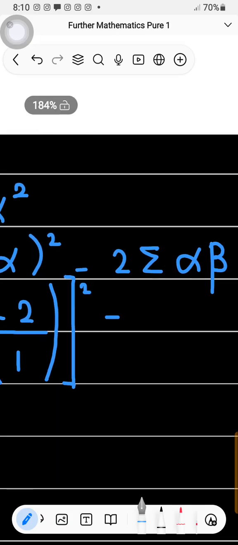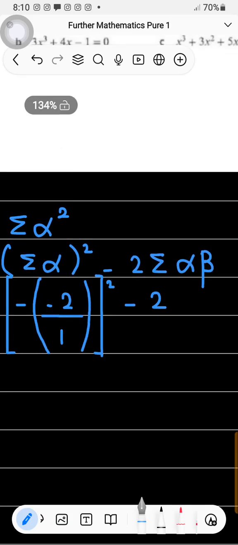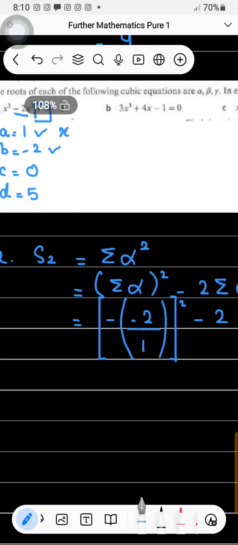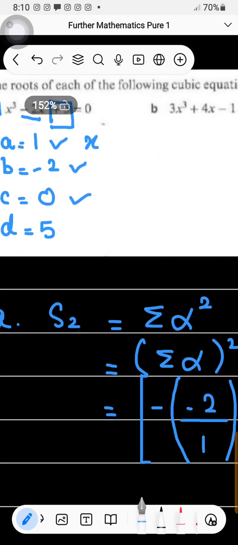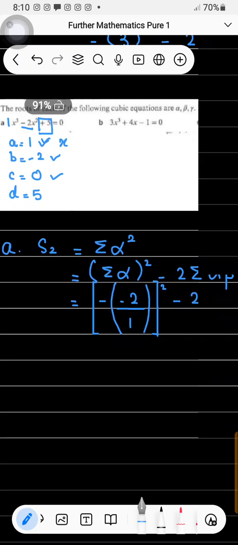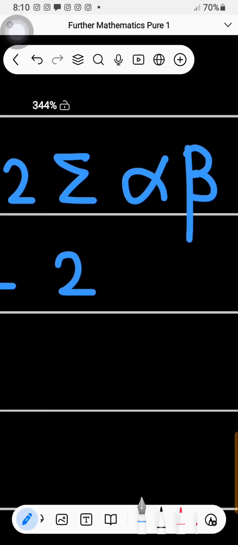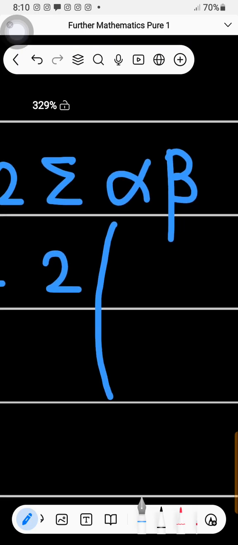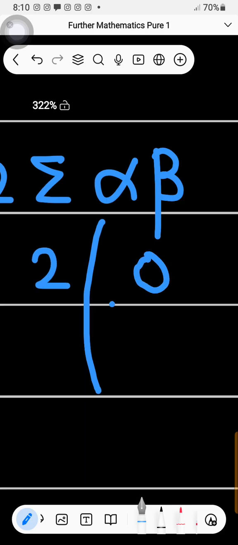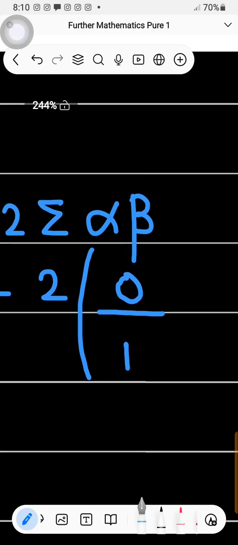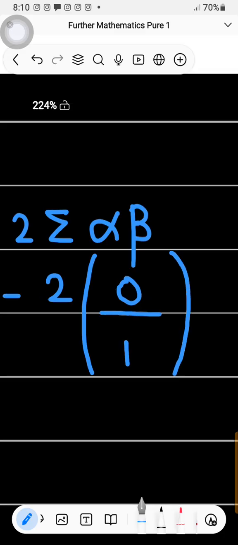Minus 2 sum of alpha beta. What was the formula of sum of alpha beta? C upon a. C is 0 and a is 1, so we will write 0 upon 1. Now just do a thing which I will tell you.